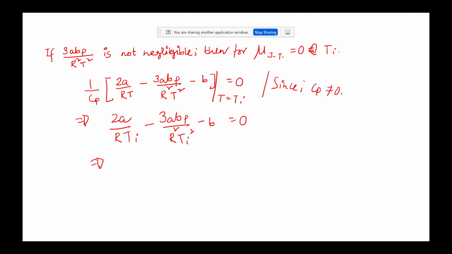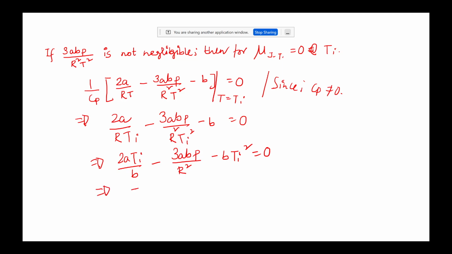If you multiply with Ti square, then 2a Ti by R minus 3abp by r square minus b Ti square equal to 0.